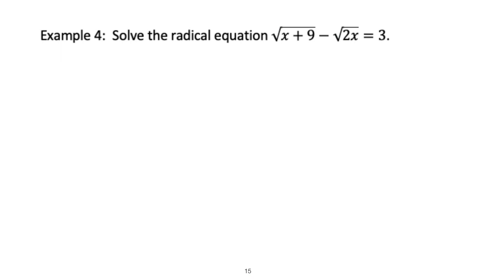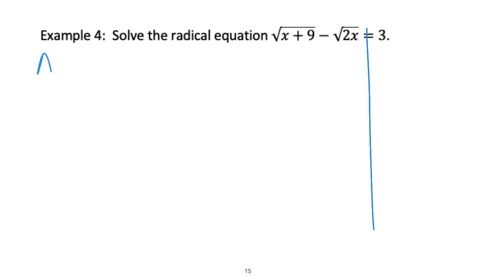All right, let's do the next problem. Here we go. This one is very different. Now we have 2 radicals. When we have 2 radicals, I want a radical on each side of the equals. That will be a lot easier to deal with, I promise.